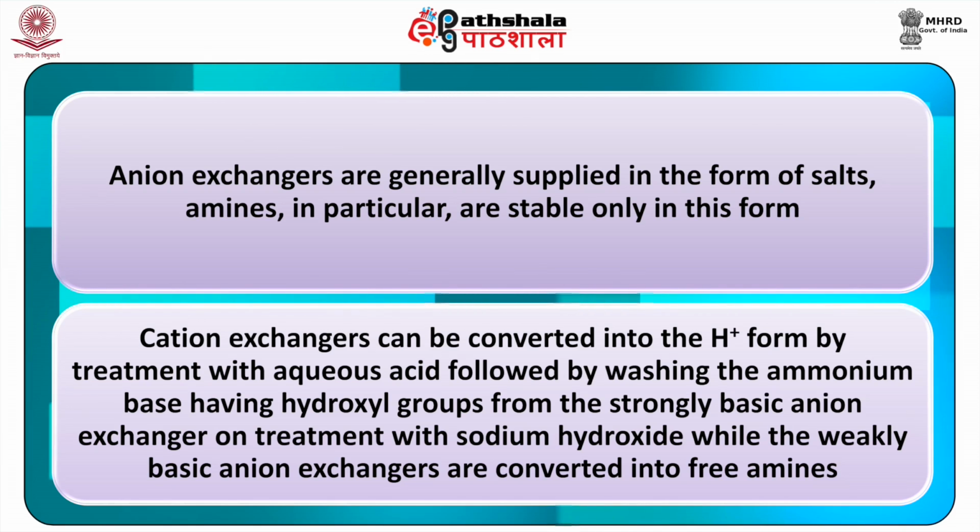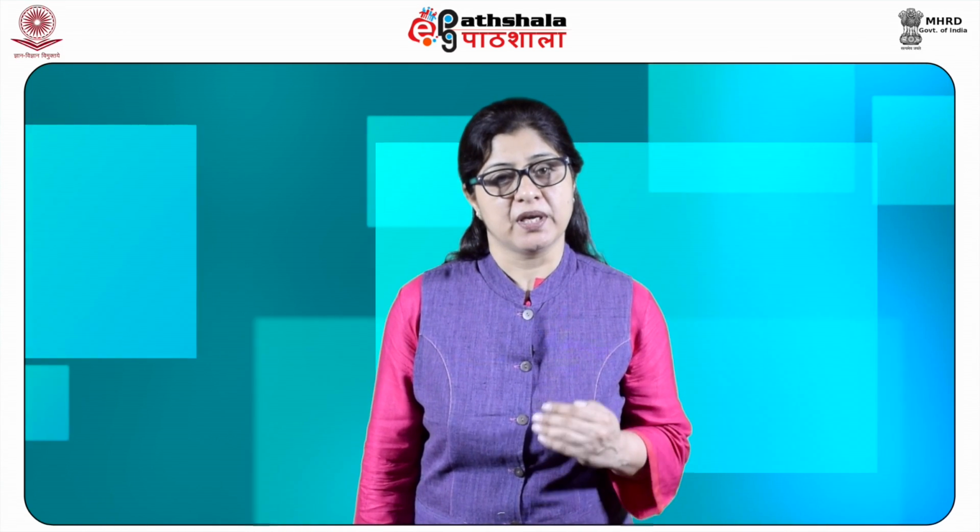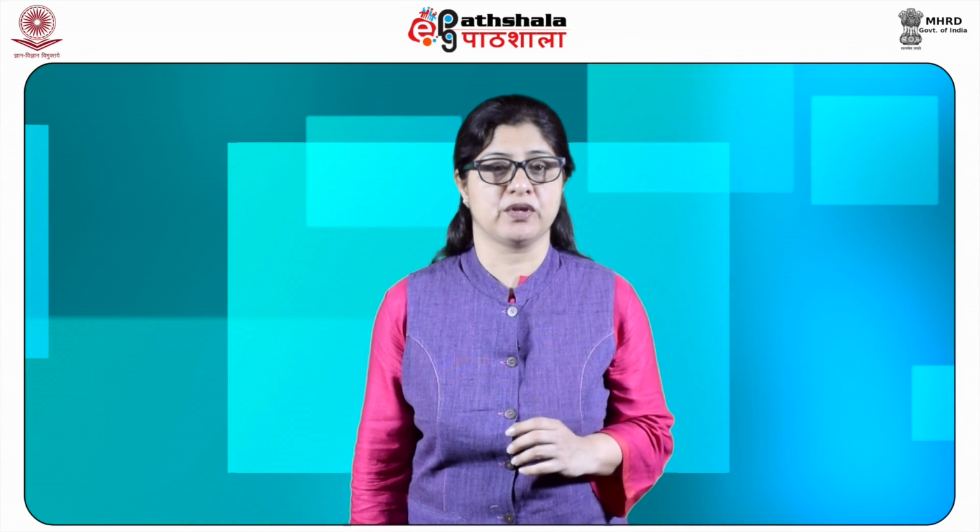The ammonium base having the hydroxyl groups is obtained from the strongly basic anion exchanger on treatment with sodium hydroxide, while the weakly basic anion exchangers are converted into free amines. Whatever the form in which the resin is to be used, it should always be submitted to the full cycle of charging and discharging before use. Carrying out this step enhances its effective capacity.